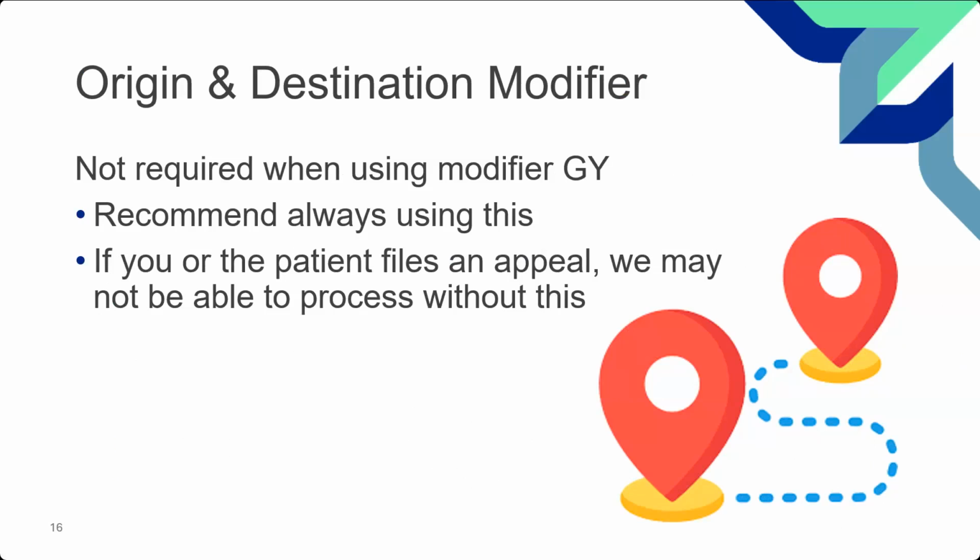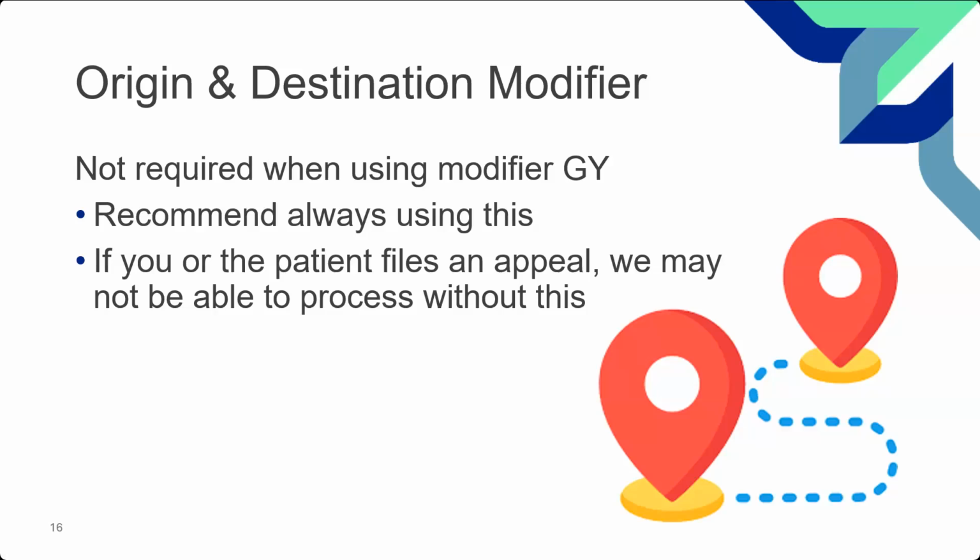Now we will have to determine the origin and destination modifier based on the documentation, and if we cannot, we then have to come back to you and ask you for it. So we always recommend that if you're billing, it doesn't matter if it's GY or GX in this case, please just put the origin and destination modifier on there as well. Makes it a little bit easier should the patient ever come back and choose to file the appeal. Just a recommendation. We do get a lot of appeals put in for this purpose.